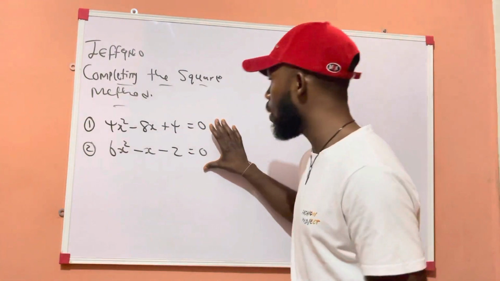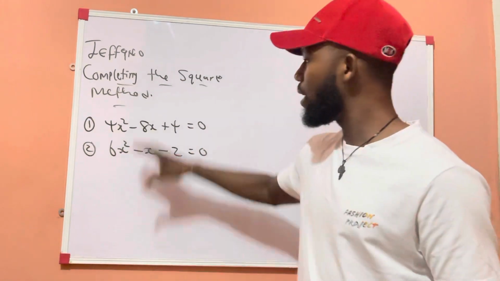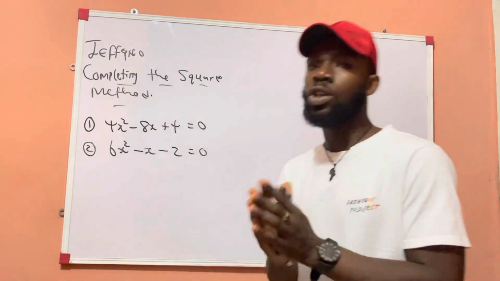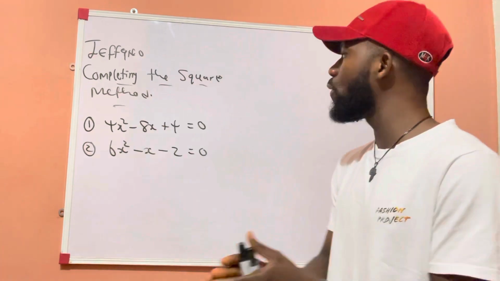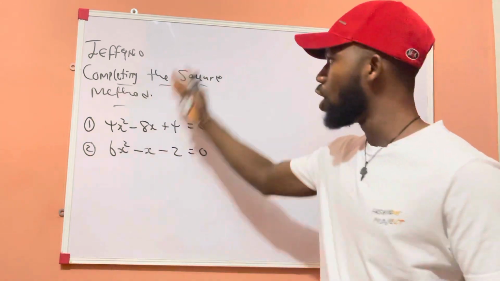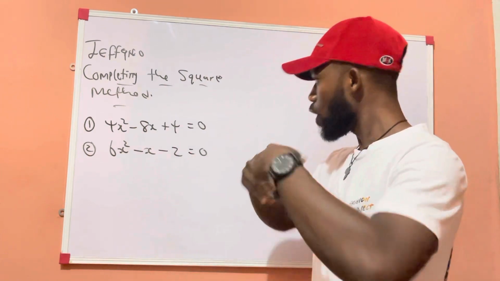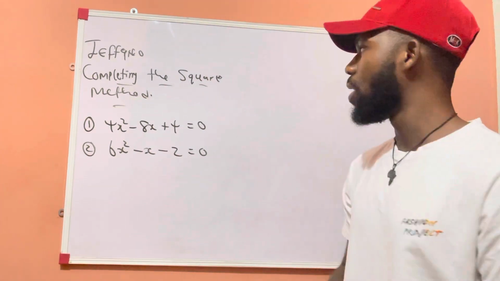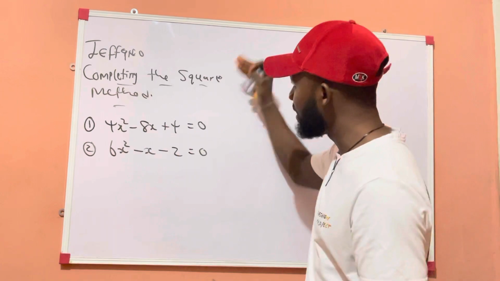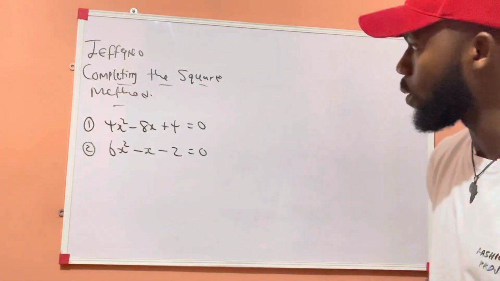Now, as you can see on the board, we have two examples, and these two examples are what I will be using in explaining solving for the roots of quadratic equations using completing the square method. And I hope after the class you will learn something new and you will know how you can use this method in solving quadratic equation problems.